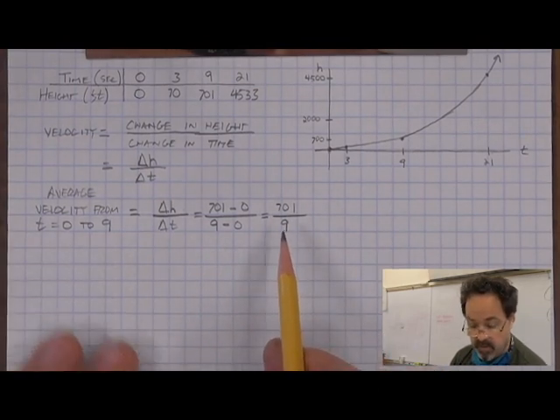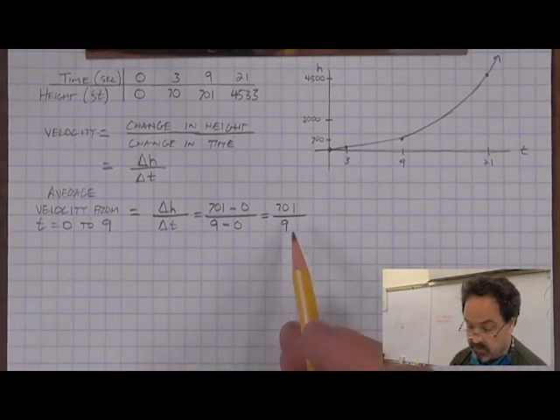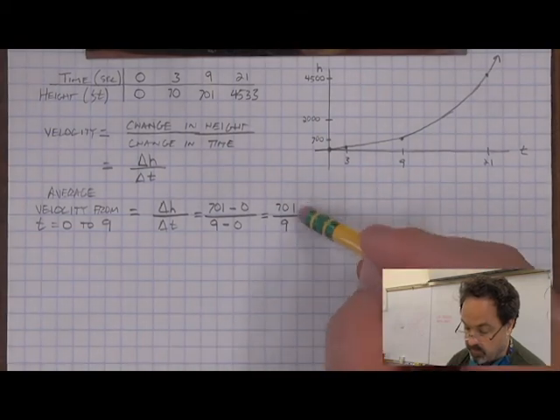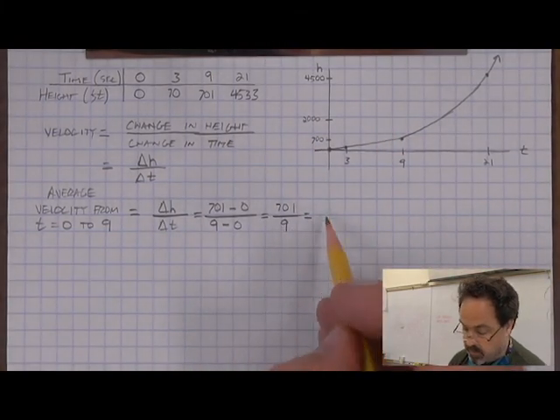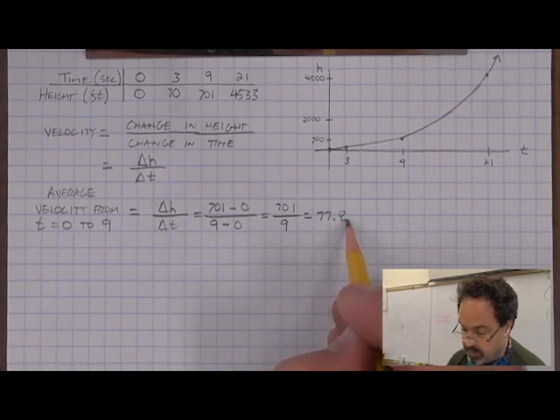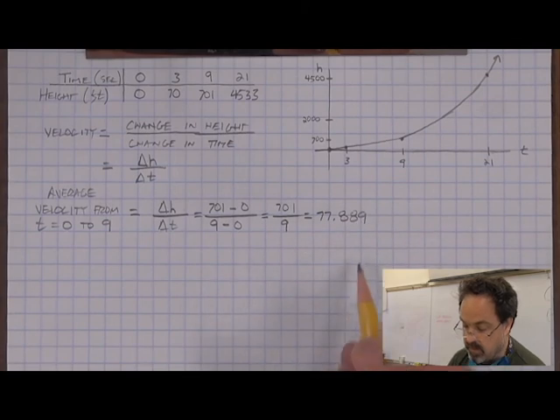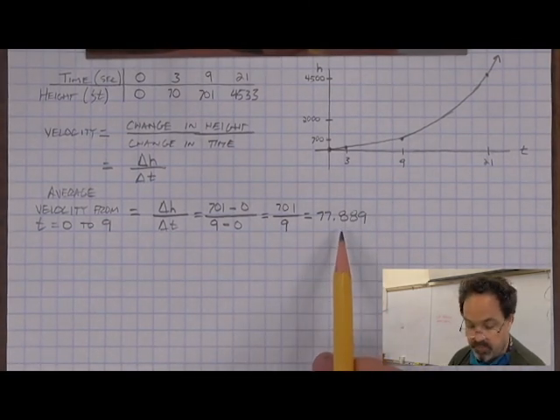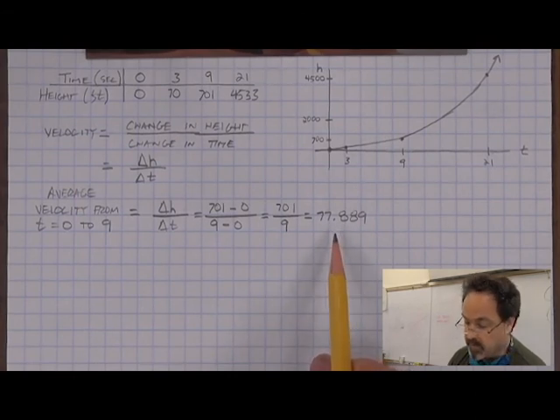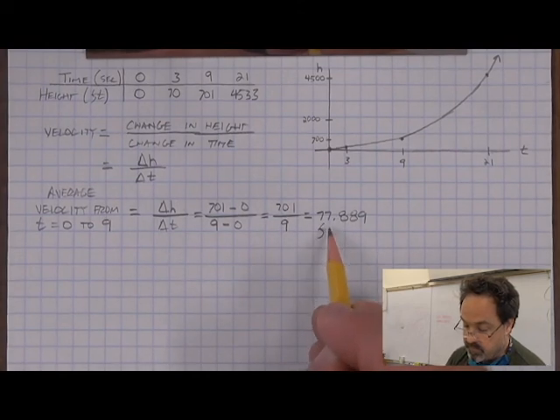That's a velocity. It's going to make a little more sense if we approximate it with a decimal. 701 divided by 9, a calculator will show you that that is 77.889, rounded to the nearest thousandth, which is a good habit to be in when you have to approximate decimals that continue forever. And because this is a contextual problem, the units are important. This is feet per second.